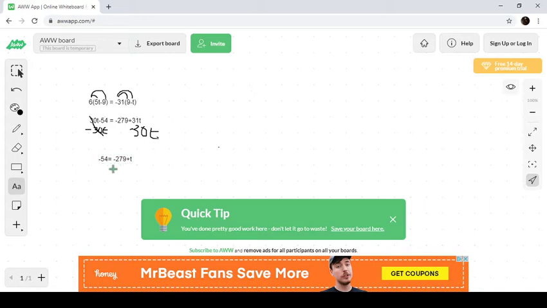Okay. So similar to how I want t on one side by itself, I want my constants on one side by themselves. So I want to do kind of the same thing and add negative 279 to this side to get that t by itself.